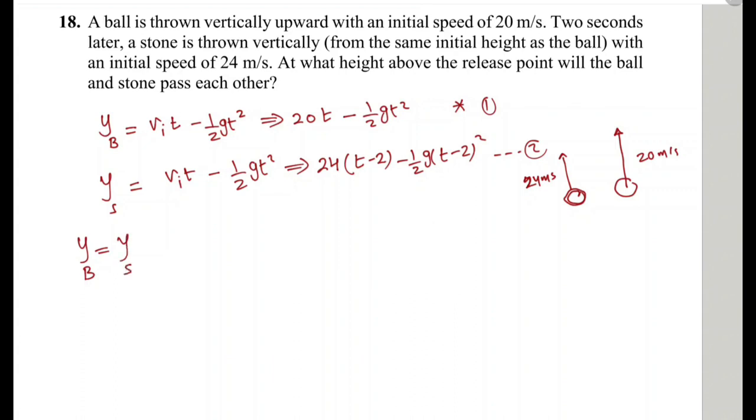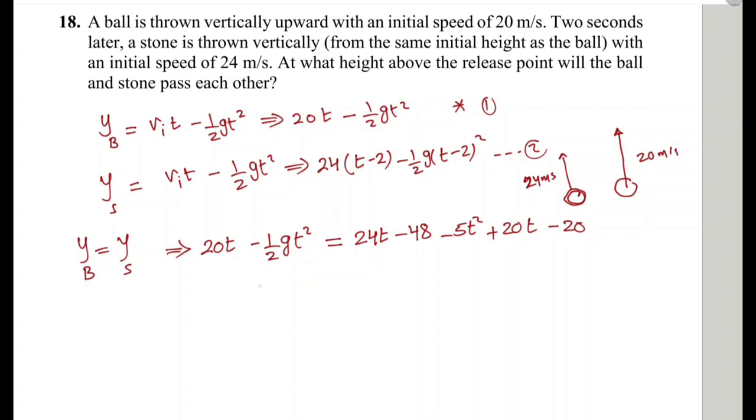They will catch up with each other, or they will pass each other. In this case, 20t minus half g t square equal to 24t minus 48 minus 5t square plus 20t minus 20.